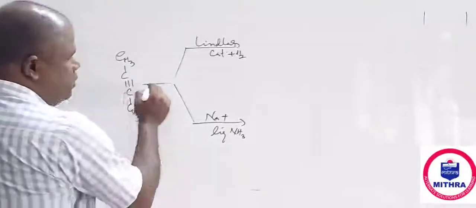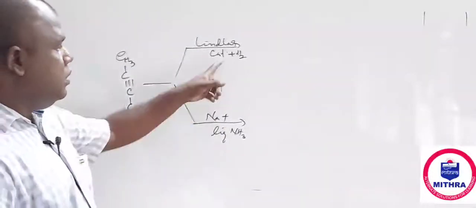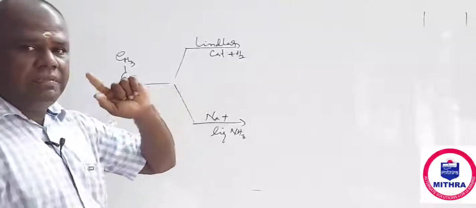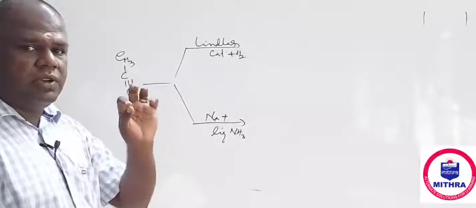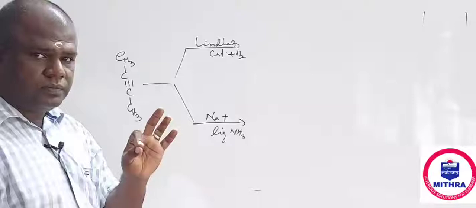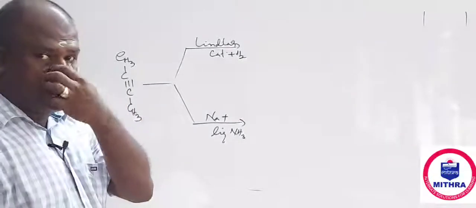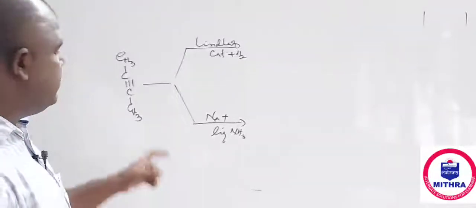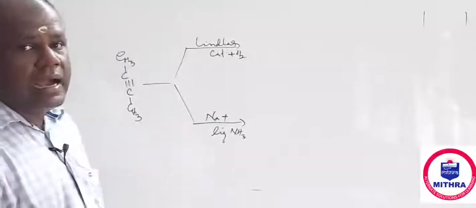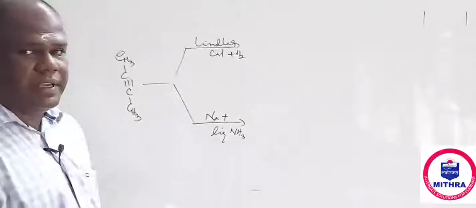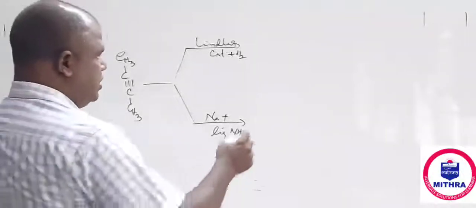See, only 1 pi bond is broken down. Lindlar catalyst is palladium plus carbon, so in presence of carbon, the activity of palladium is decreased. So it cannot break all the pi bonds of the triple bond. It can break only 1 pi bond. So effectively you are going to get an alkene. Here also the same thing happened, but there is a difference in the stereochemistry. I will give the product.